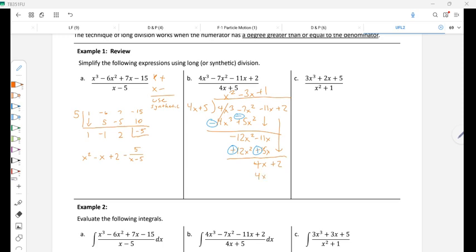Gives us 4x plus 5. I'm a step ahead of myself. Change my signs. And I end up with a remainder of 2 plus negative 3. Yep. So we'll put minus 3 over 4x plus 5. Cool.